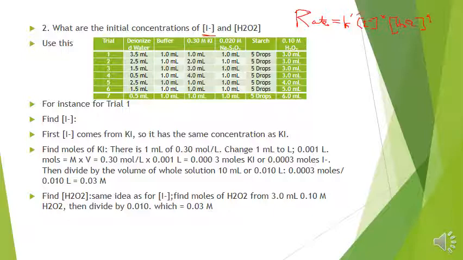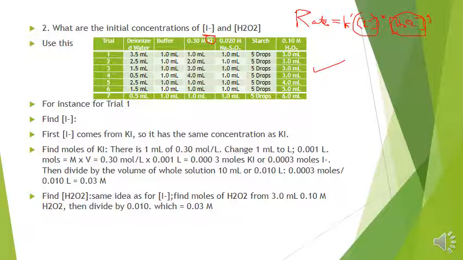So we need to find the concentrations of I minus and the concentrations of H2O2, and we get that from this table here. So the I minus, if you look in this table, you see that it's right here. And so the concentration of I minus is equal to the concentration of KI, because for every one KI, there's one I minus.